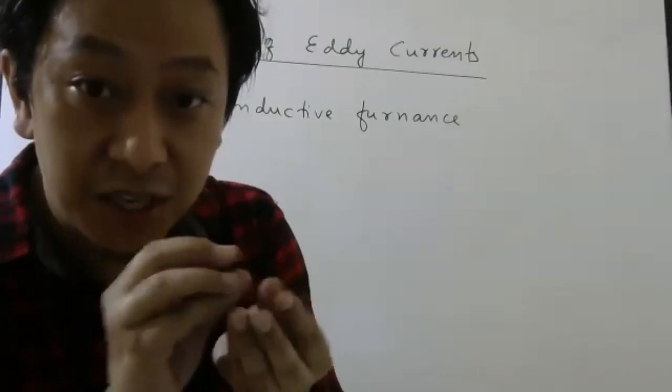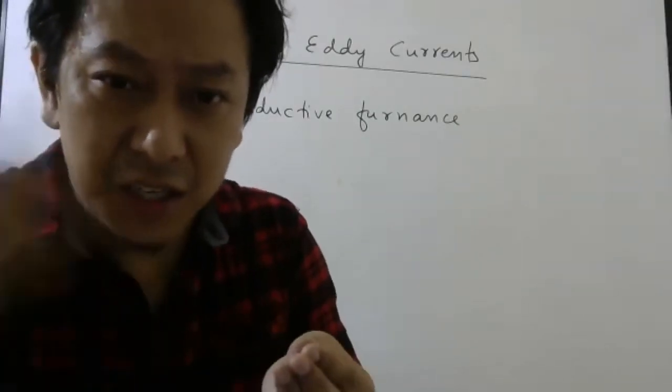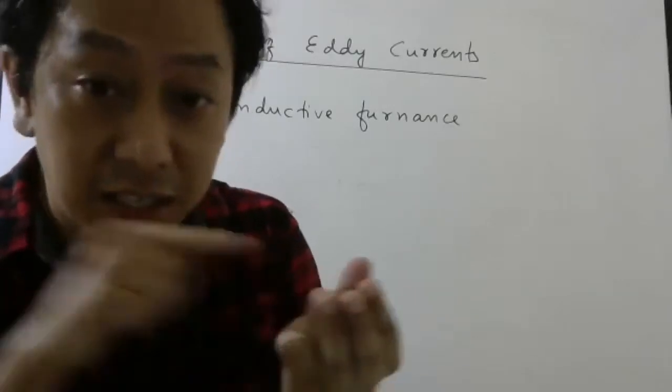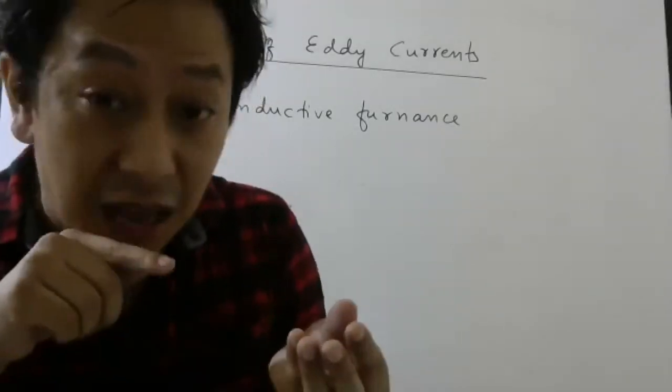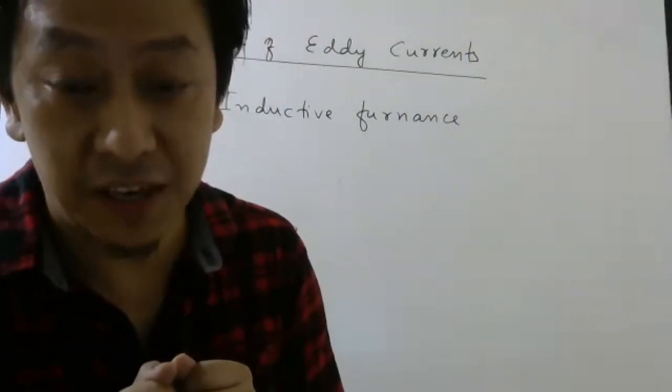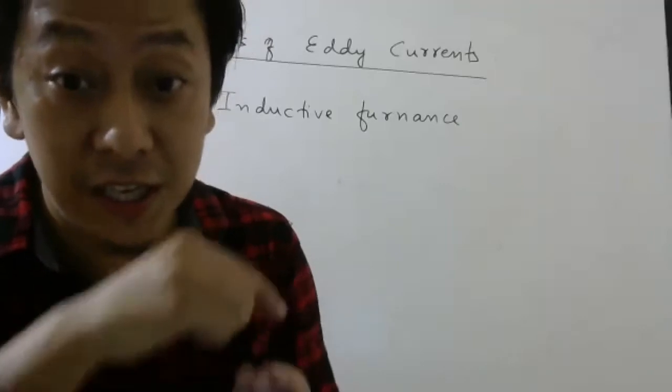So you have to put it inside a solenoid where the current is changing very fast. When the current is changing very fast, the magnetic field will change very fast. That very fast changing magnetic field will produce huge EMF.